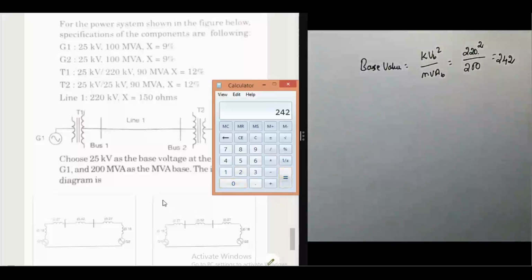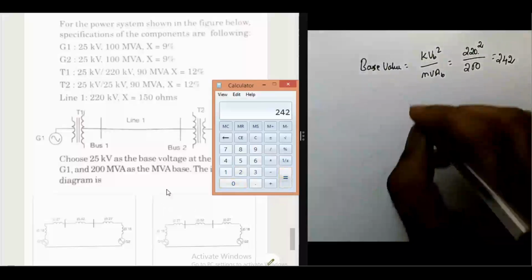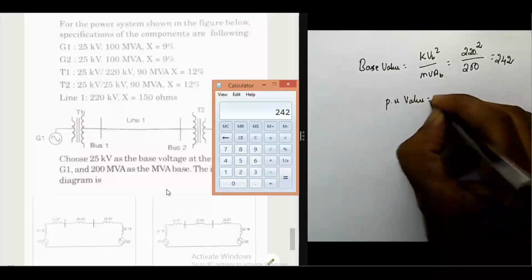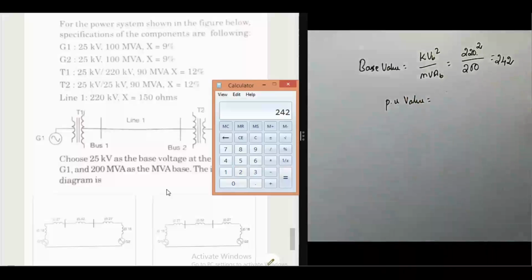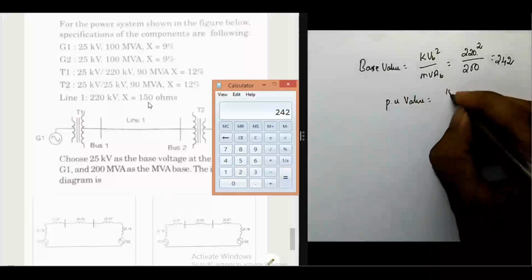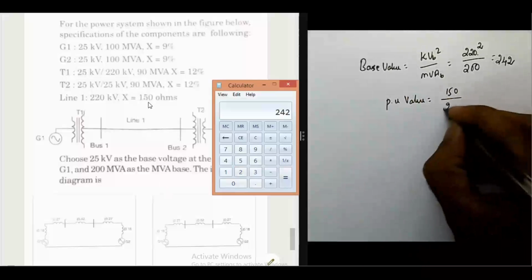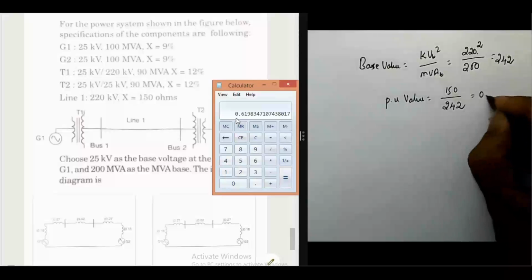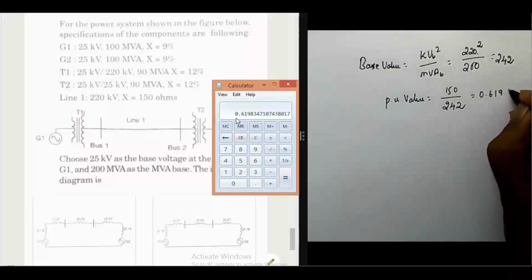That is equal to 242. Then the per unit value of the transmission line is equal to actual value divided by base value. Here the actual value is 150. 150 divided by 242 is equal to 0.6198.